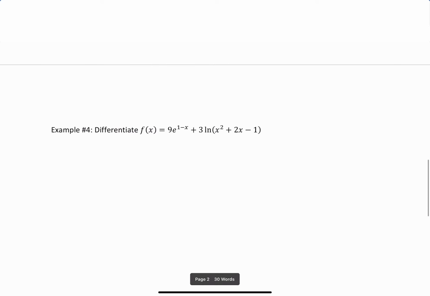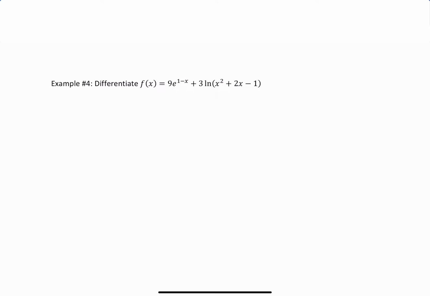Okay, and now we have a kind of complicated one. We've got both exponential and log functions, and they both have complicated inputs. In other words, they both have inputs that are not the plain old x. So here are the optional steps. I'm going to have 9 times the derivative of e to the 1 minus x, and I know that derivative will be the same old exponential function, but multiplied by the derivative of the input function.